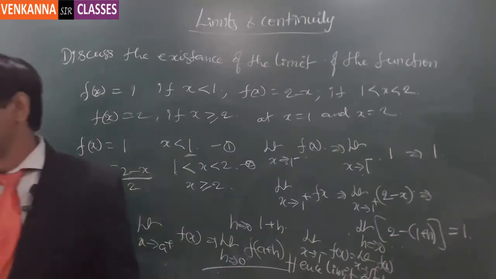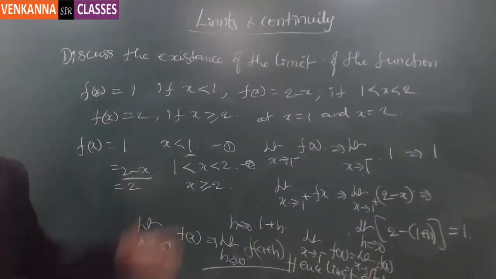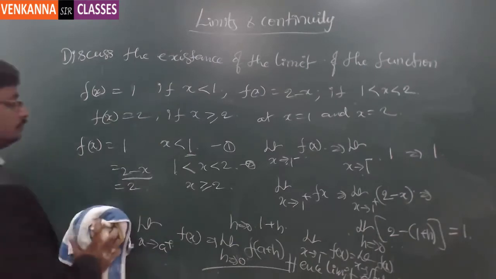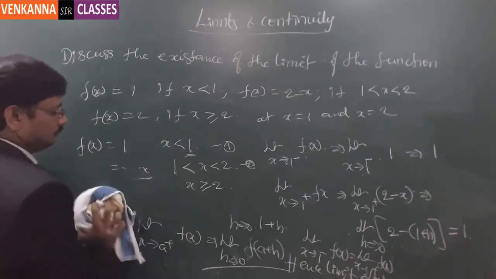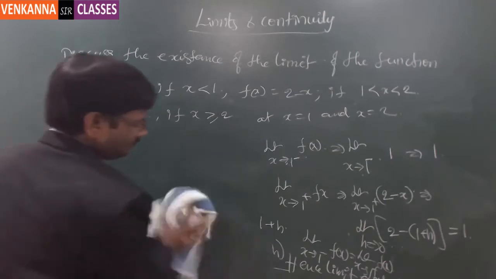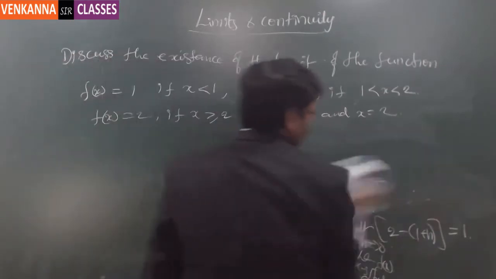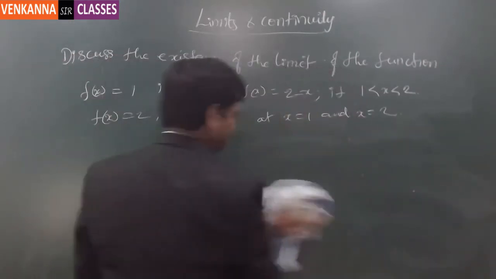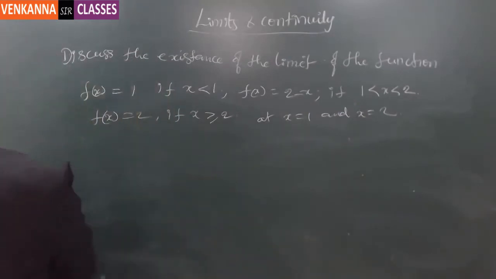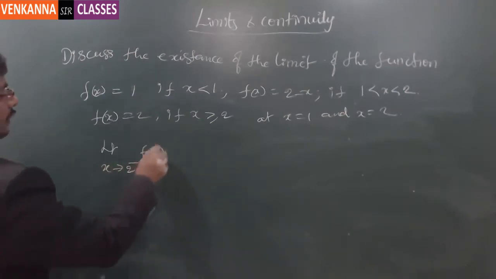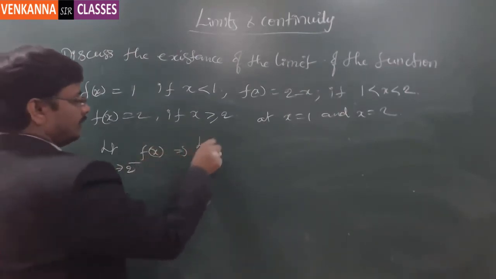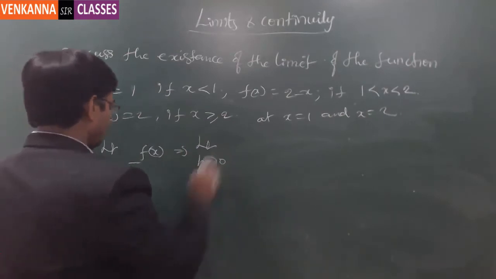Got it? Then let us check the same thing at x is equal to 2. So at x is equal to 2, that is limit x tends to 2 minus f of x can be replaced with limit h tends to 0.